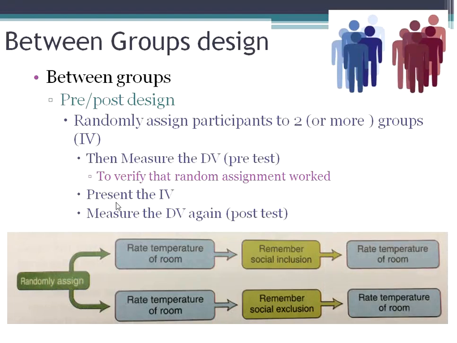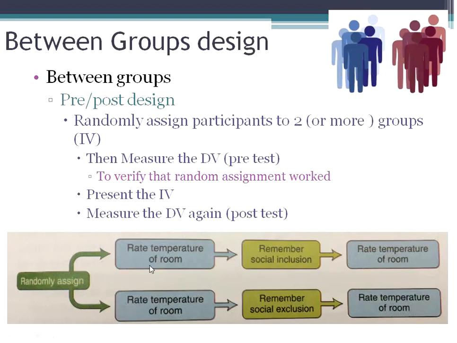Now, what's useful about this between groups pre-post design is that it allows us to make multiple comparisons. So we can compare the group averages of temperature of the room following the manipulation. So we can ask the question, are the people who recalled social exclusion rating the room as colder compared to the people who recalled social inclusion?